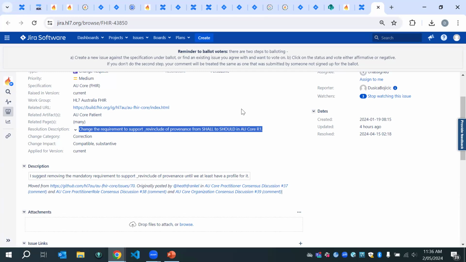What difference would going from shall to should make? It means that you are encouraged to do so, but not required to do so. It's no longer mandatory. And that's the change. It's no longer mandatory to support.